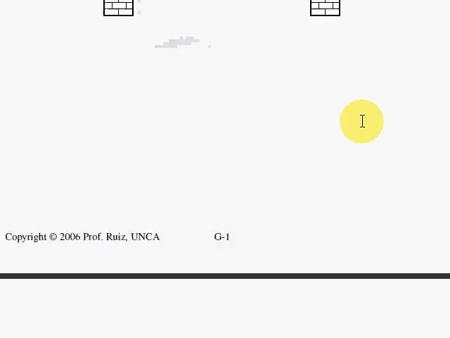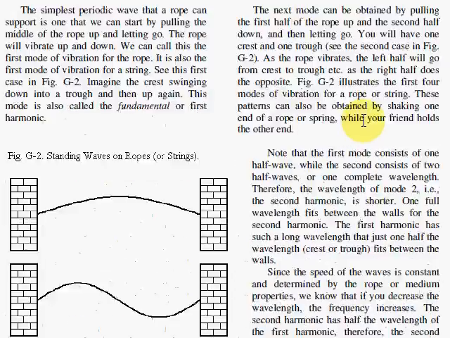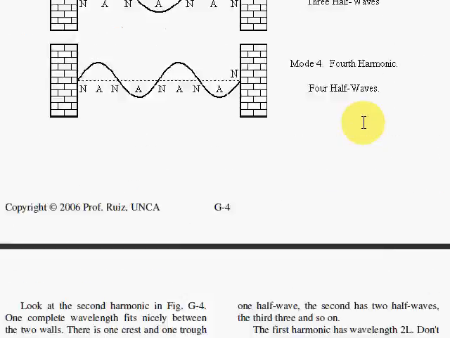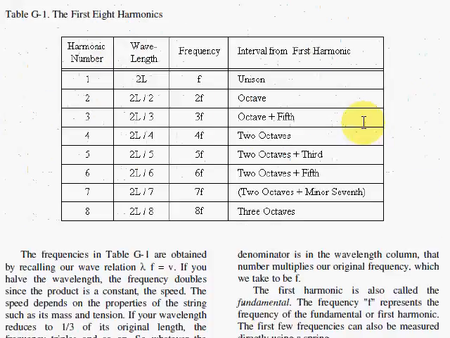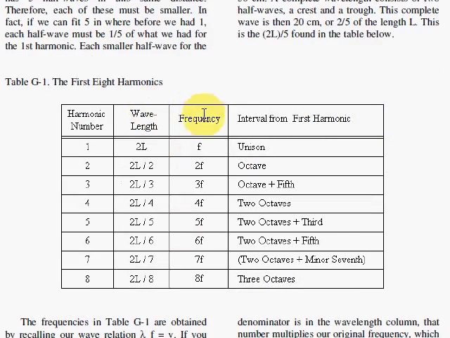So here we go to G, and G will have formulas. If we go to G, to the summary table of the chapter, here we go. We have a formula for the frequencies of the various harmonics and a formula for the wavelengths. The formula for frequencies, very easy. It's simply the number, the case you're looking at, say case 6, it's 6 times the first one.